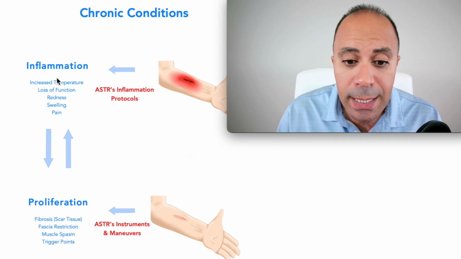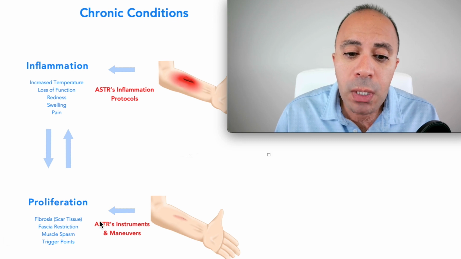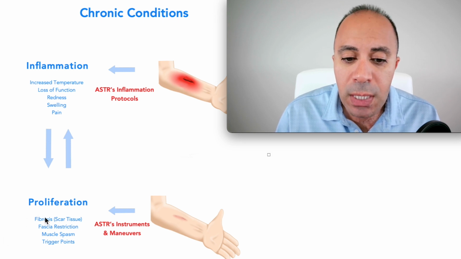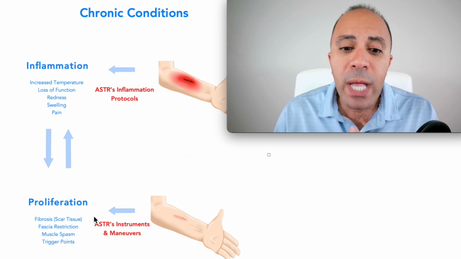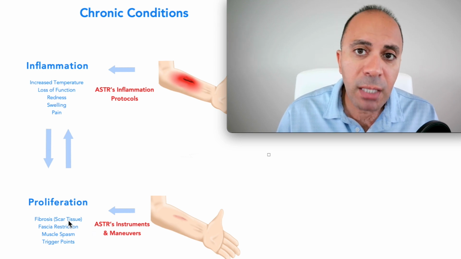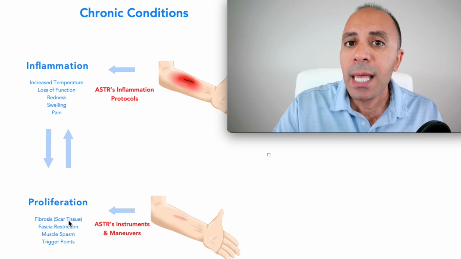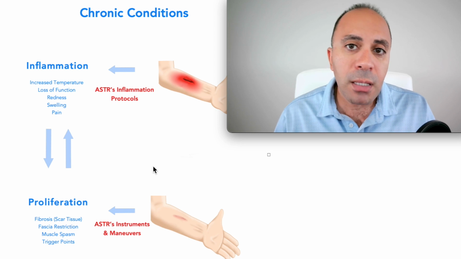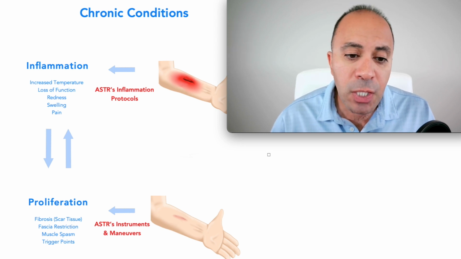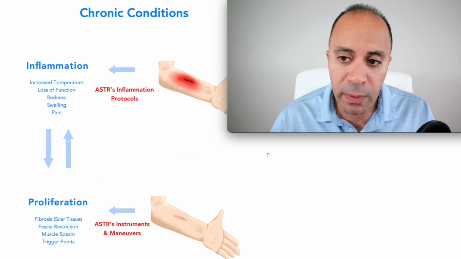It actually increases it. And it will not break the proliferation stage. It will not break the scar tissue or release the fascial restrictions. We have to really break that vicious cycle and then do the strengthening or function training exercises, not the other way around.